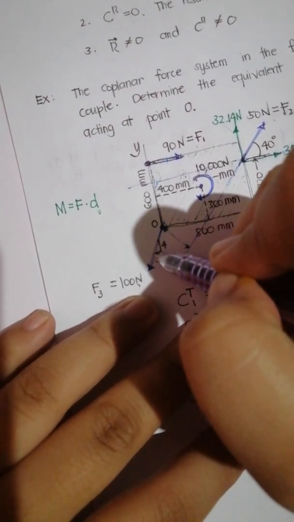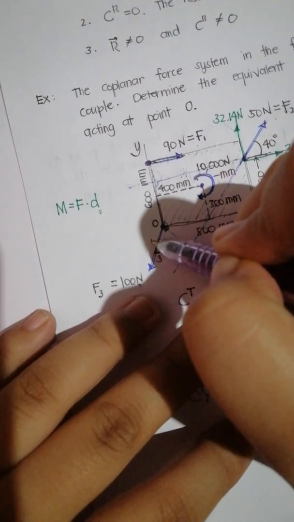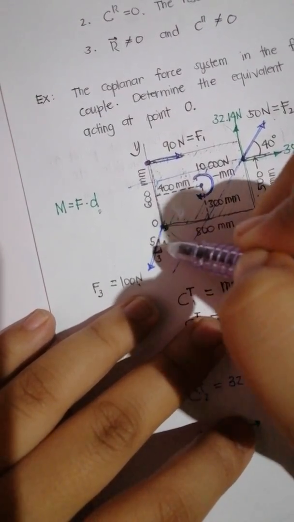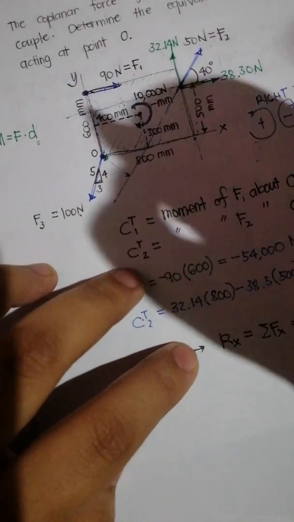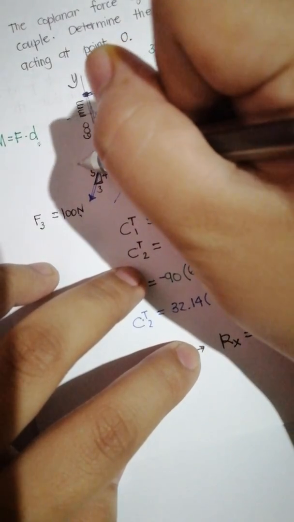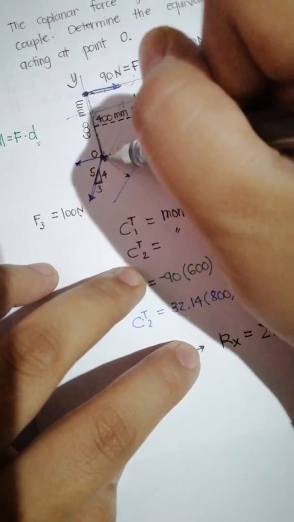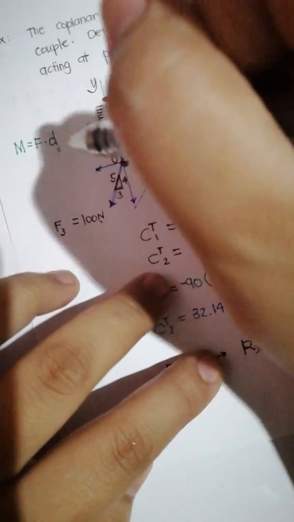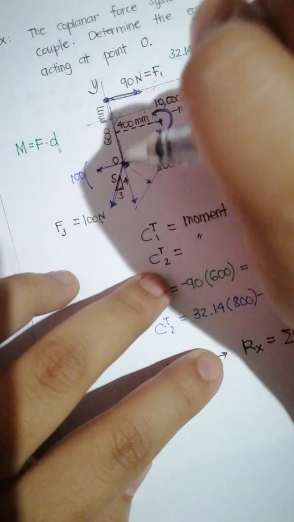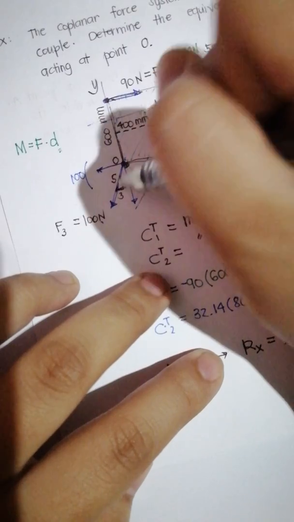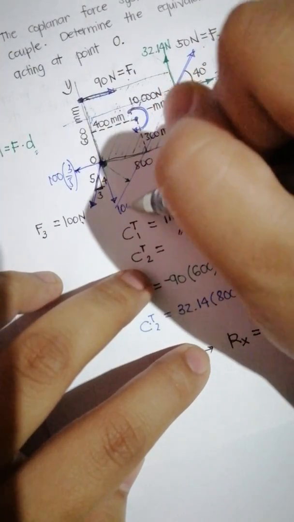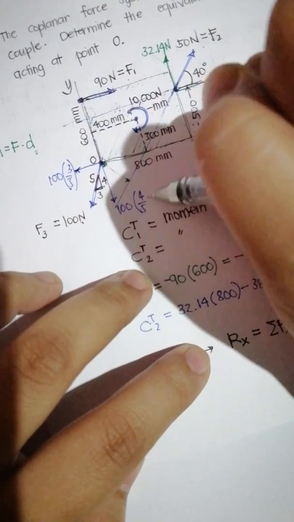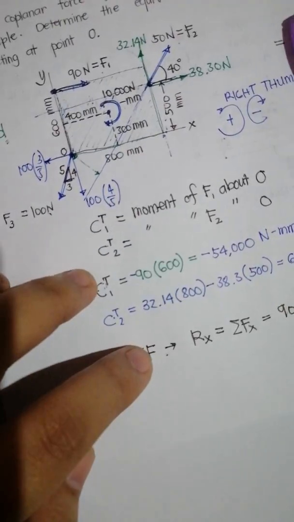Yan, no? Kasi for the slope 4:3, yung kanyang hypotenuse is 5. So, ang kanyang horizontal component is 100 times 3 over hypotenuse 5. To 3/5. Ito naman, 100 times 4/5. So, ano lang yan?